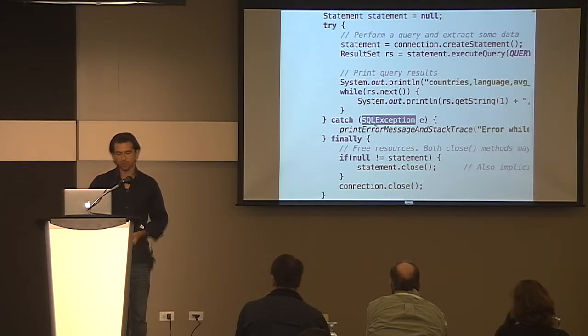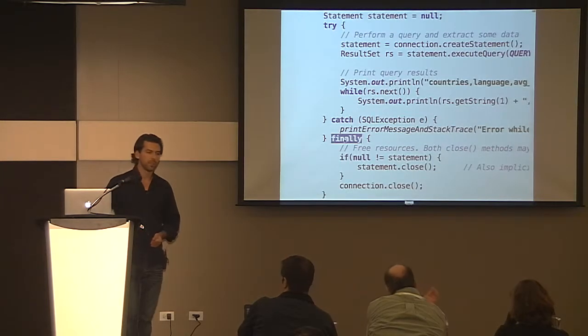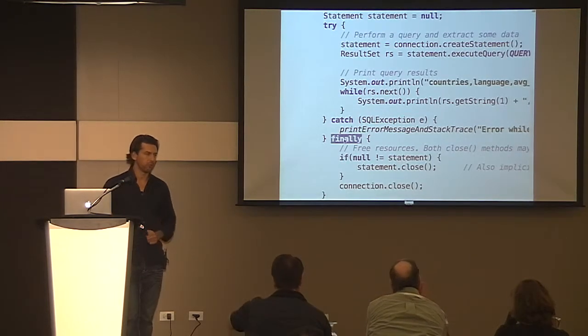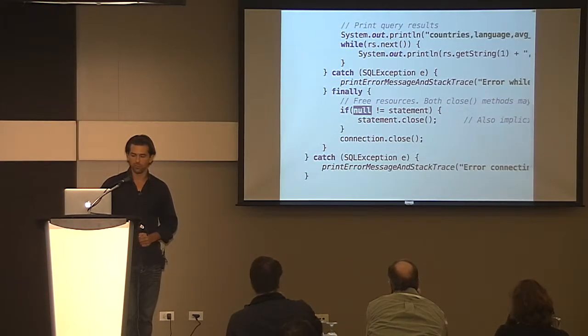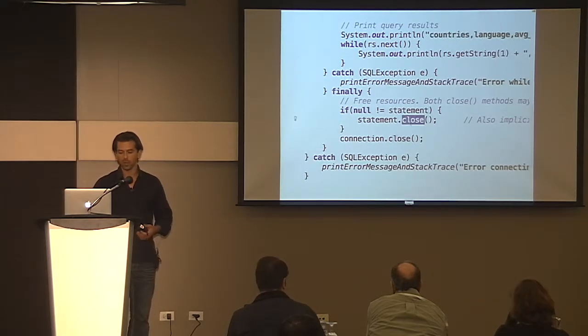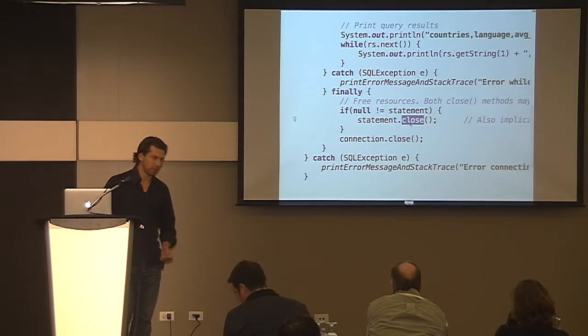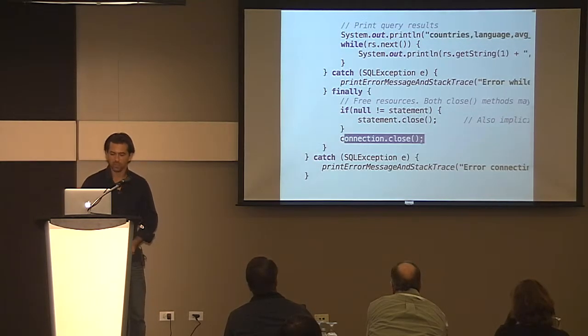If there's a SQL exception, I just print or do whatever. And then within the finally block, I need to close down resources. First of all, I have to check whether the statement is null, if the statement was not correctly created, and then close it. By the way, closing the statement may also throw a SQL exception. And also close the connection, which may also throw a SQL exception.